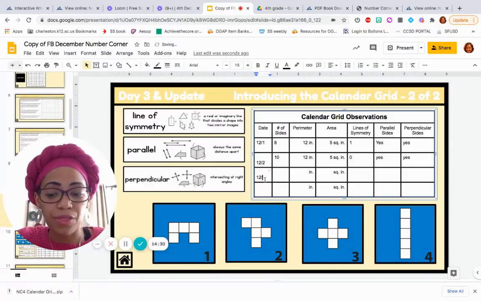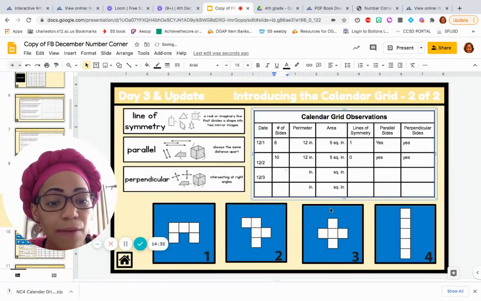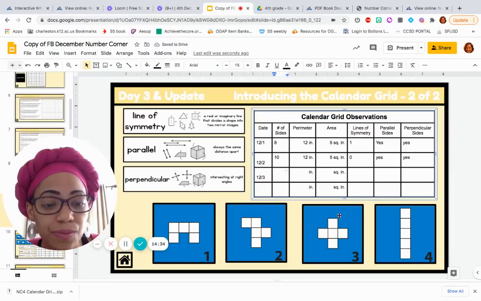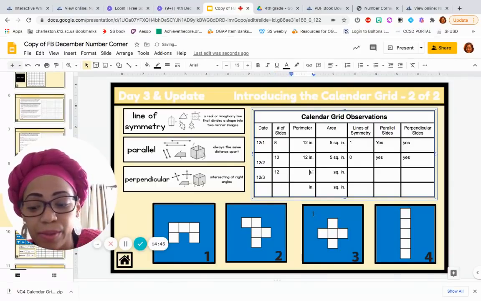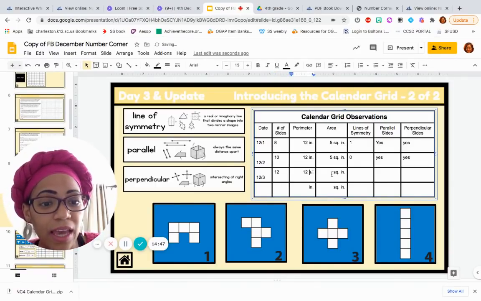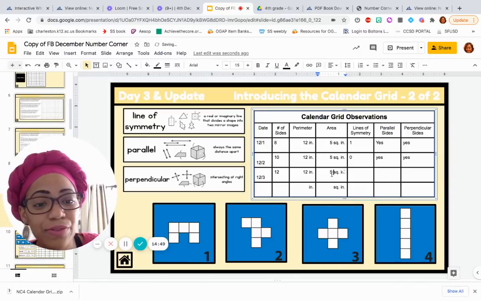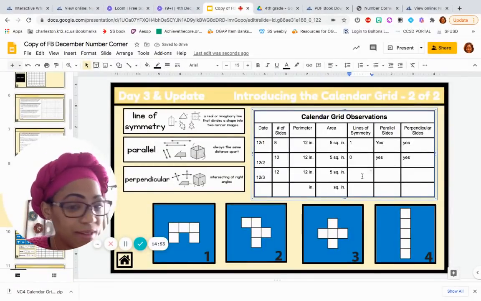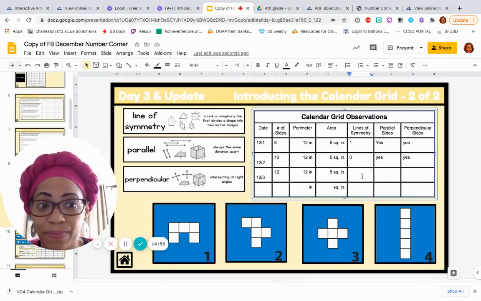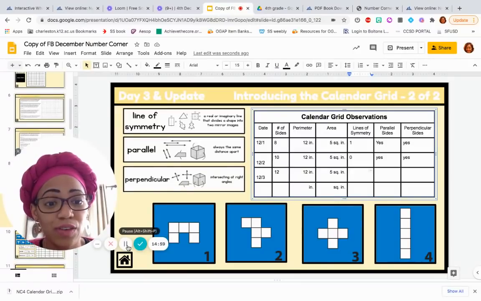Okay, let's go to our third marker. How many sides? Let's count. Good. 12 sides. What is our perimeter? Still 12. And our area is still 5 squares all put together. Does it have line of symmetry? And if so, how many lines of symmetry can you get from this shape?